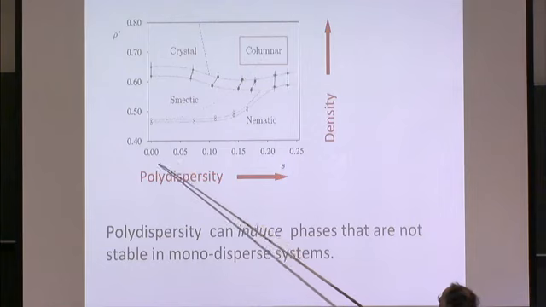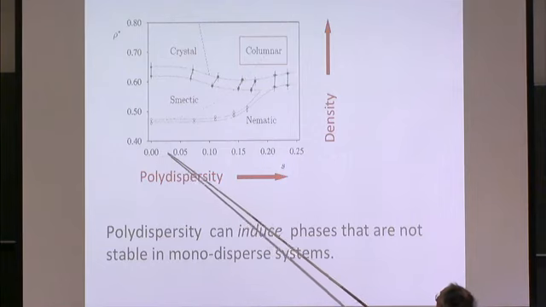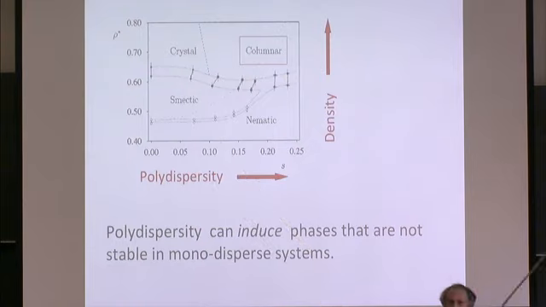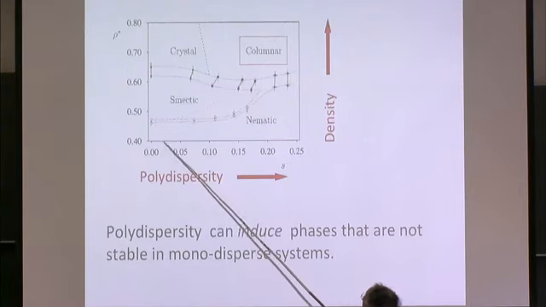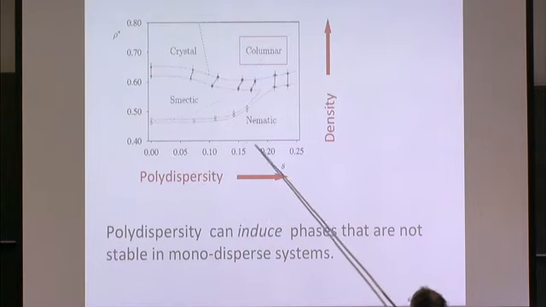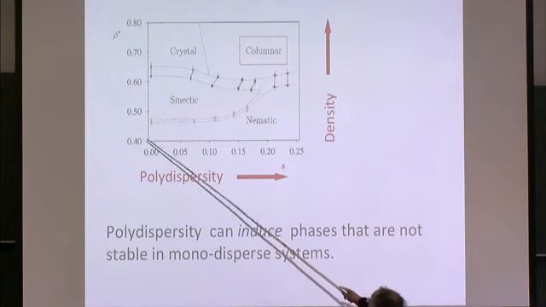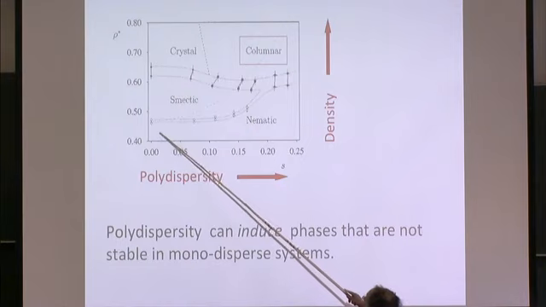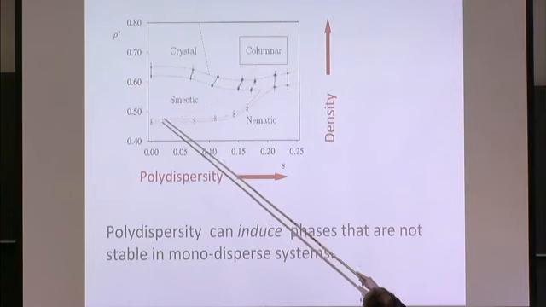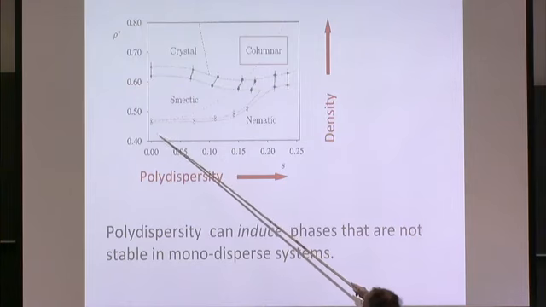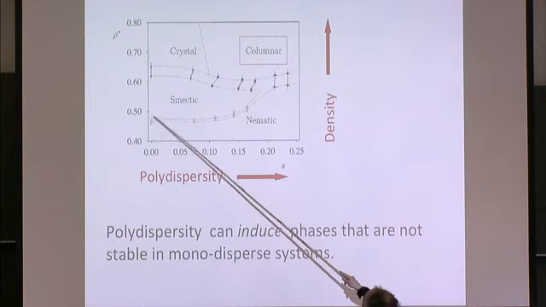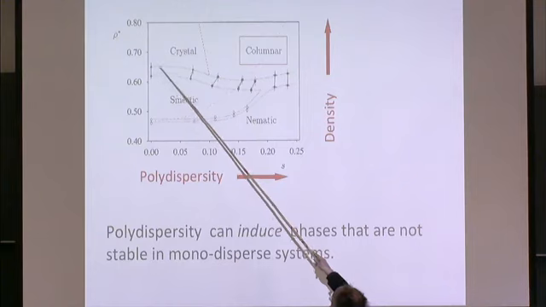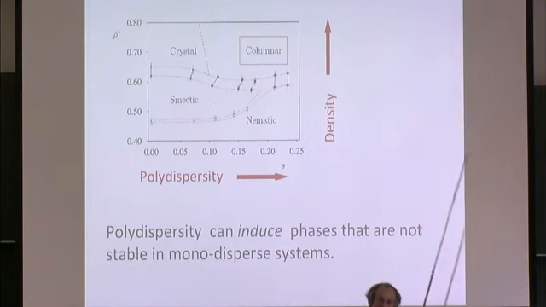Here you have the polydispersity, which is effectively a measure for the root mean square variation of the length of the particles compared to the average. So here they all have the same length, and this is 5% variation, 10%, 15, 20. And here you see the density: at sufficiently low density you have a nematic phase, then you undergo a transition to a smectic phase, and at high density you get the transition to the crystal phase, as I showed before.